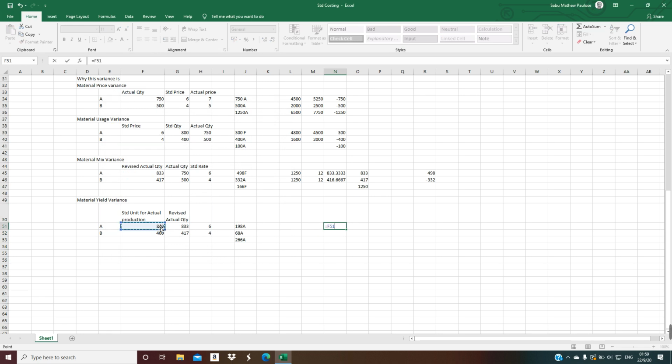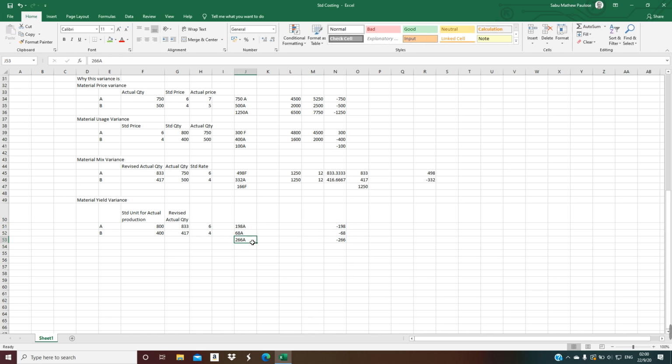So we subtract here like this, minus 833 into the standard rate. So 188, that is also adverse. The next one is also adverse. If you add those, the total is 266 adverse.